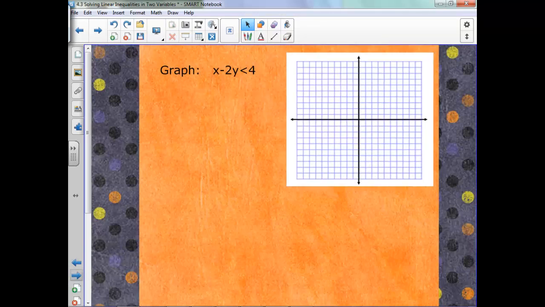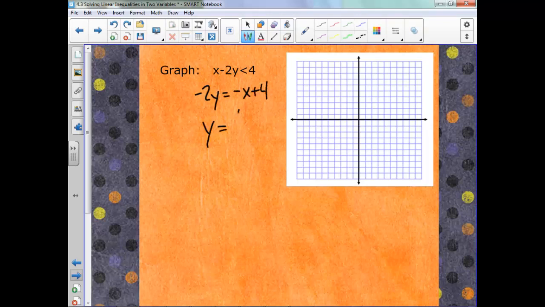Now this one is like what we had been doing. So let's get our y by itself. So our line is going to start at -2, go up 1 over 2.